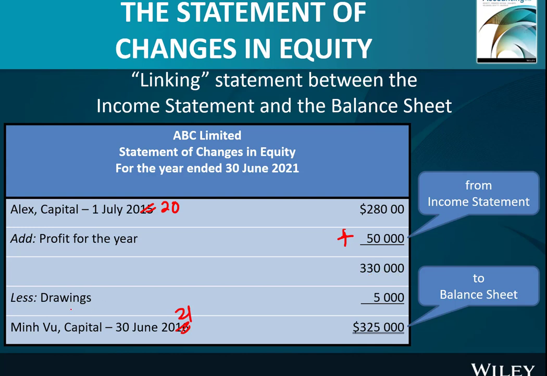And then we have drawing. What is drawing? Drawing is when the owner of the business takes assets, for example cash, out of the business. In this example, Alex withdrew 5,000 for his personal use, so his capital is now reduced to 325,000.